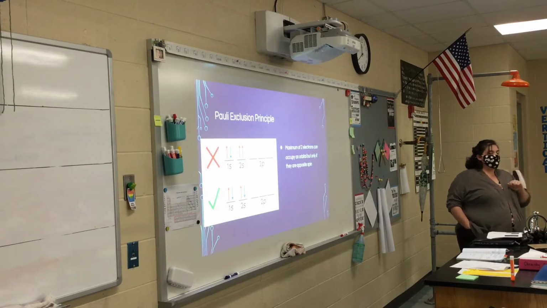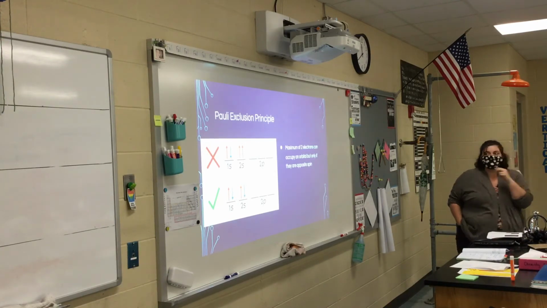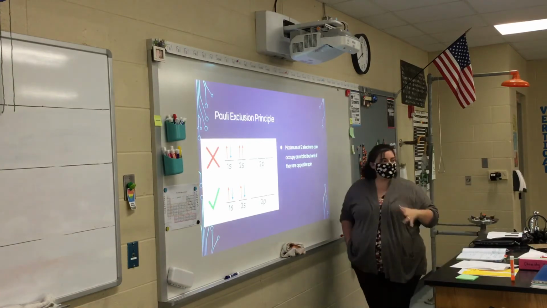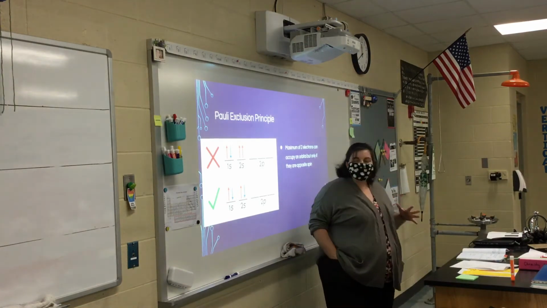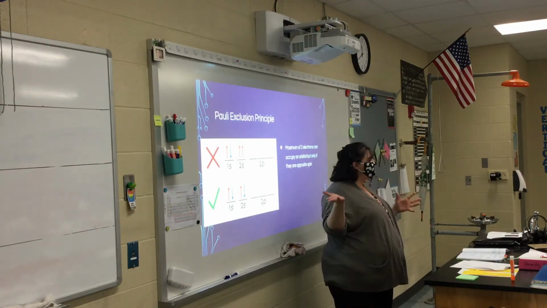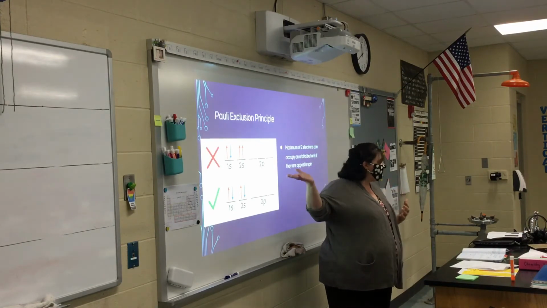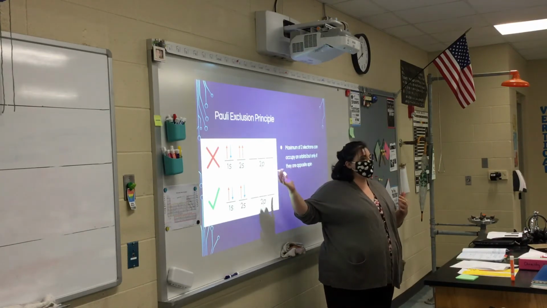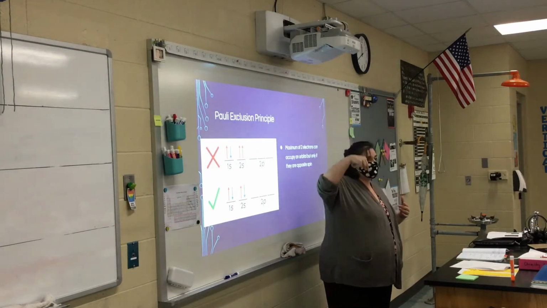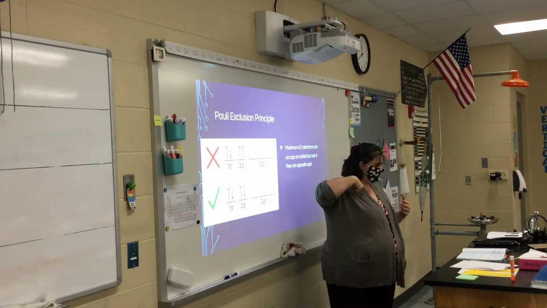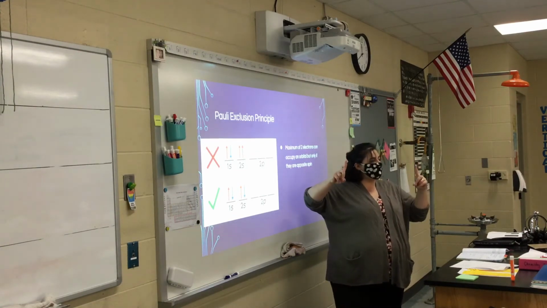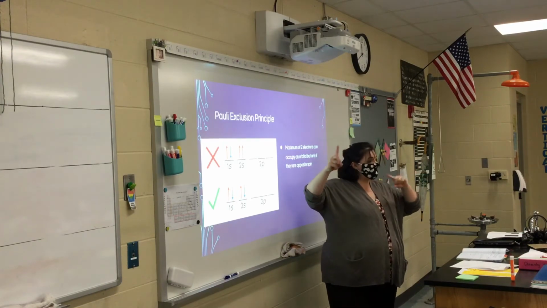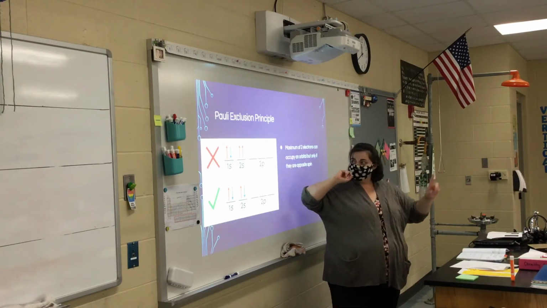We're not going to do it quite yet, but I want to point out that I've told you over and over, how many electrons can go in an atomic orbital? 2. Each one of these lines represents an atomic orbital. So we're going to represent our electrons as arrows, and the ones that are spin up are going to be an up arrow, and the ones that are spin down are going to be a down arrow. That's going to be important later on when we try to connect the quantum numbers to our diagrams.